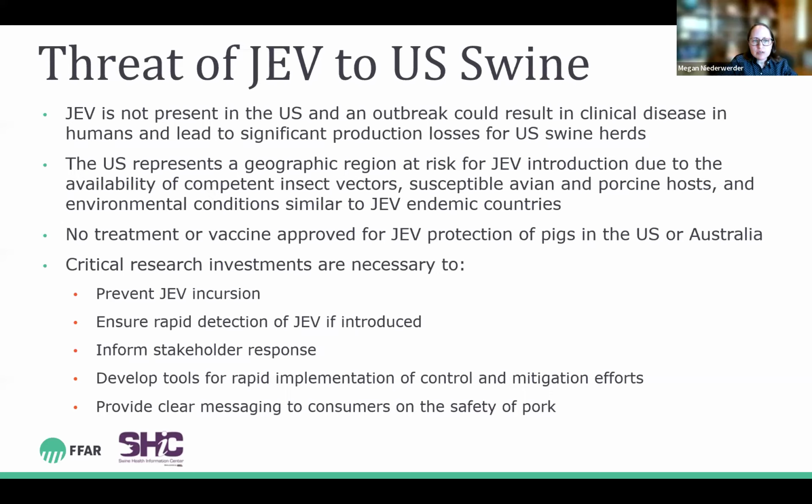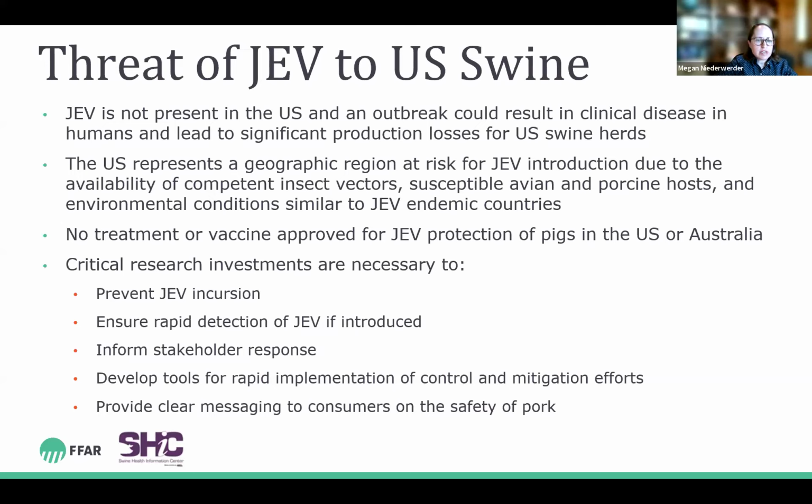As there is no treatment or vaccine currently approved for protection of pigs against JEV, either in Australia or in the US, we're really focusing efforts again on identifying new tools and preventing introduction.